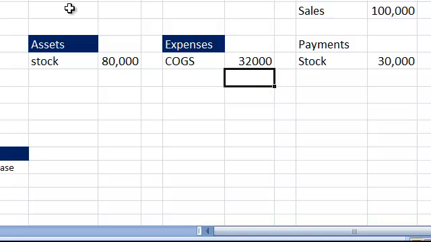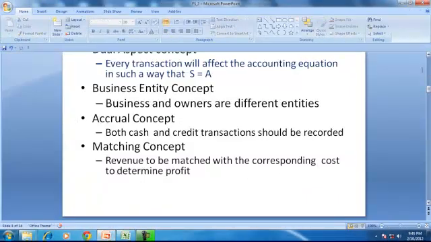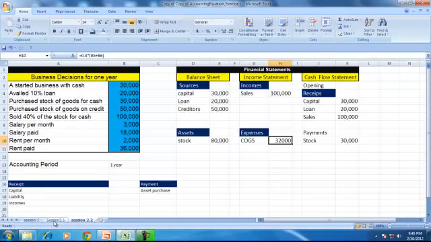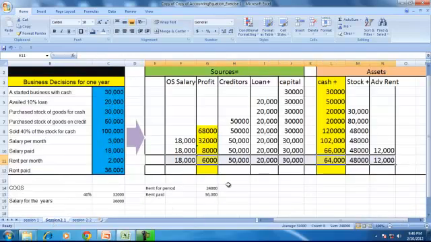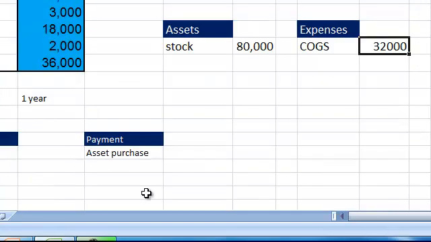And the cost of goods sold is arising because of the matching principle, which was not visible in our accounting equation. Where is the cost of goods sold? It was not directly visible here, but it is now very clearly visible as an expense. So financial statements make it more explicit and are more transparent than the accounting equation.